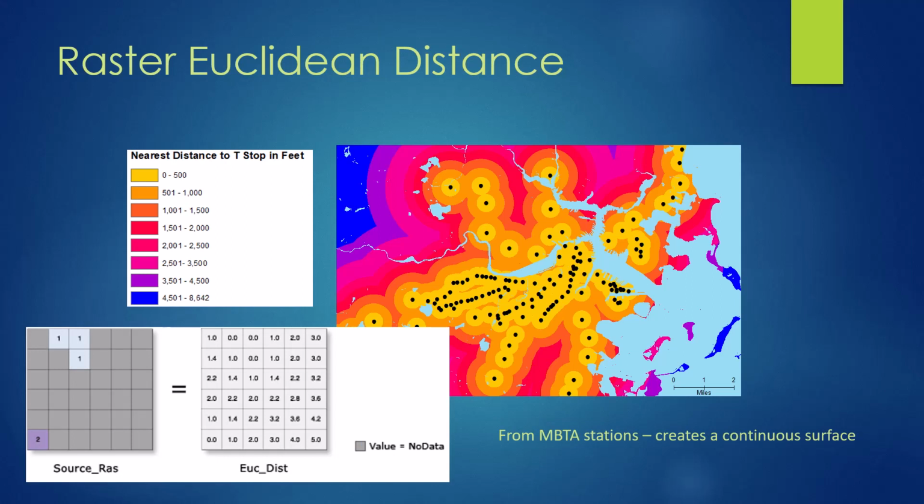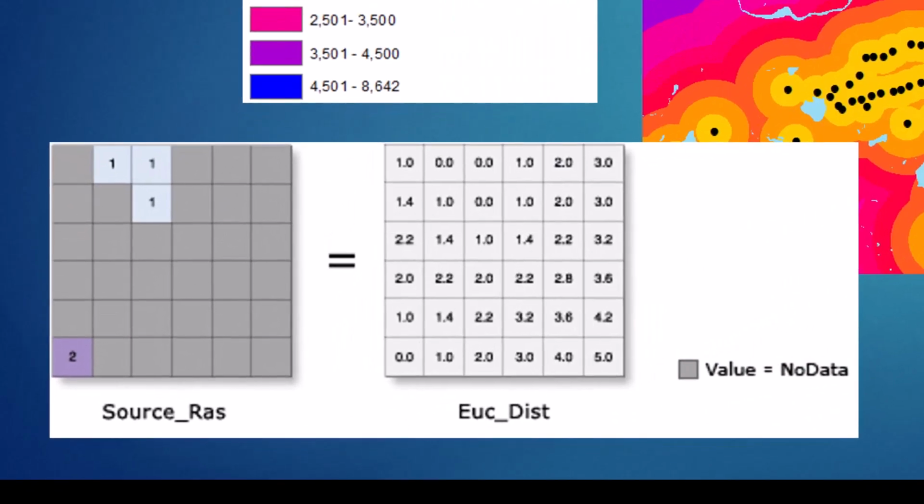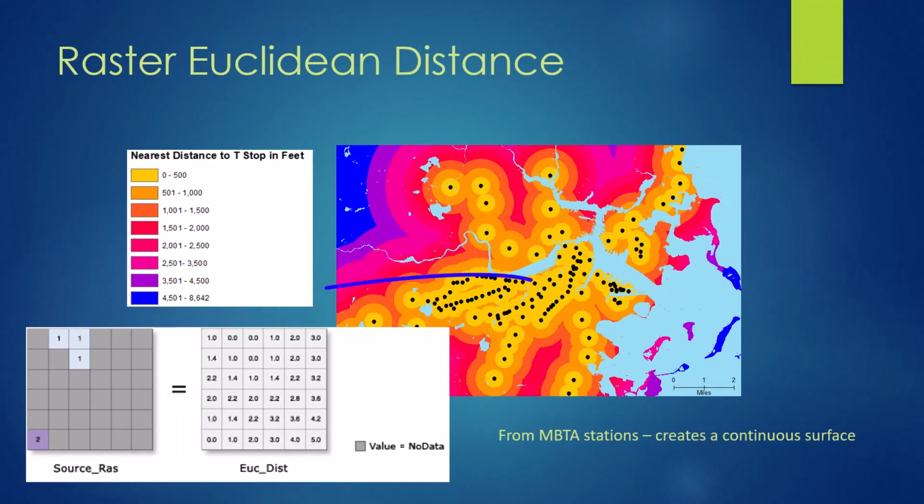In order to imagine this, you can think about the result as a map divided into tiny square cells, like a grid. Each cell represents a small portion of the map. In the case of Euclidean distance, the value assigned to each of the cells or pixels is the distance from that cell to the nearest target location. In this case, it's the MBTA stations. So when you calculate the Euclidean distance using GIS, you get the whole grid of values.